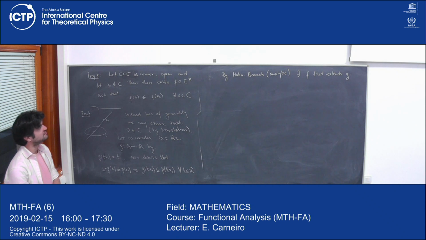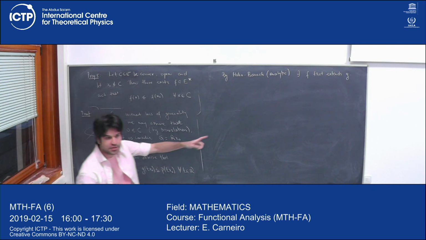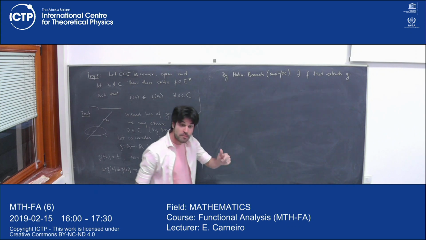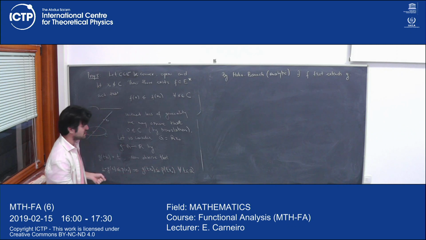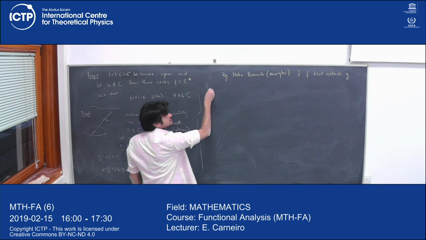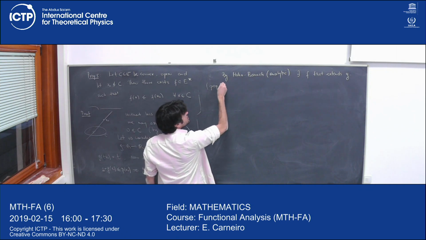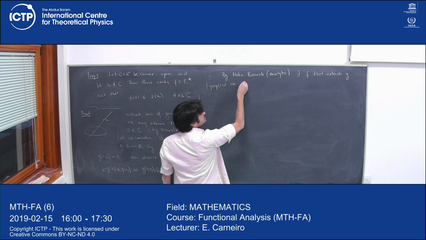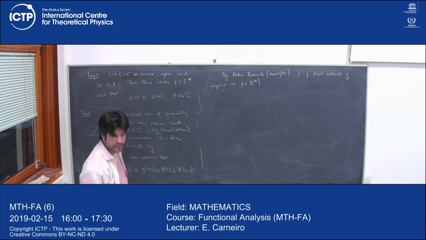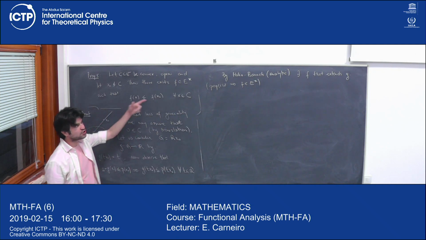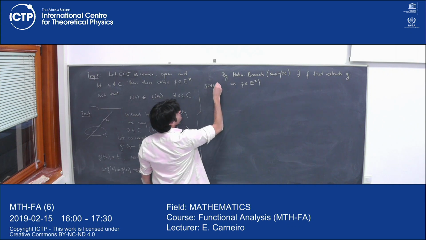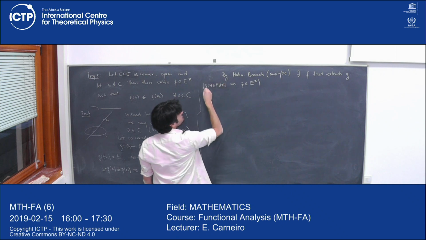Does this function f do the job? So it's a linear functional, right? And because of property 3 of the previous proposition, it is bounded by a certain constant times the norm of x. So property 3 of the previous proposition implies that f belongs to the dual space. It's a bounded linear functional. Because it is dominated by p, and p of x is bounded by M times the norm of x.